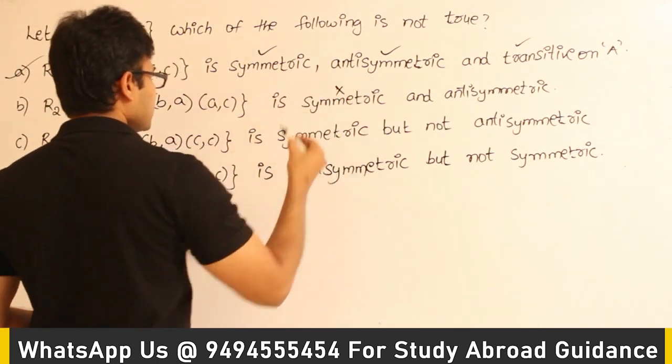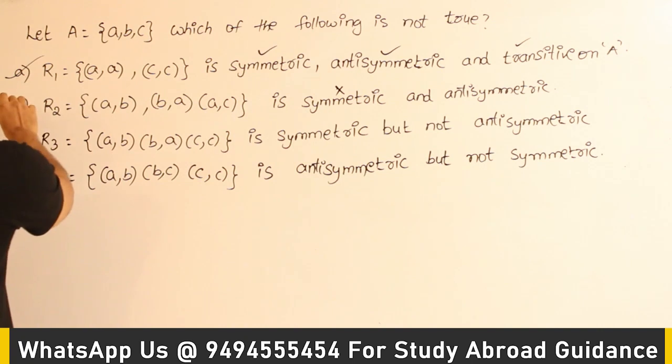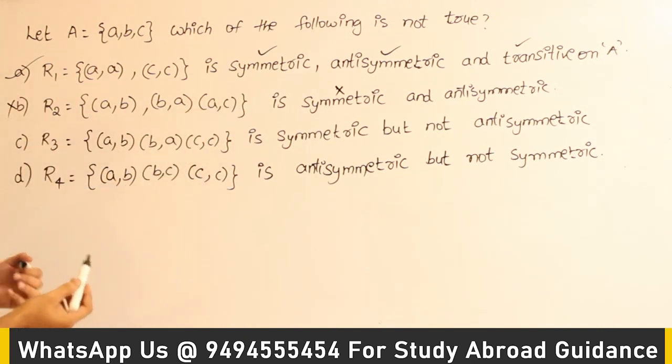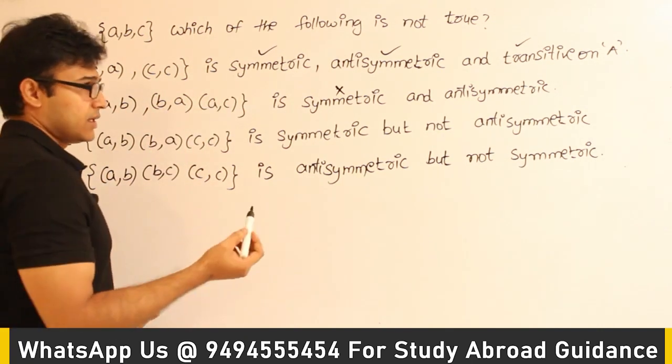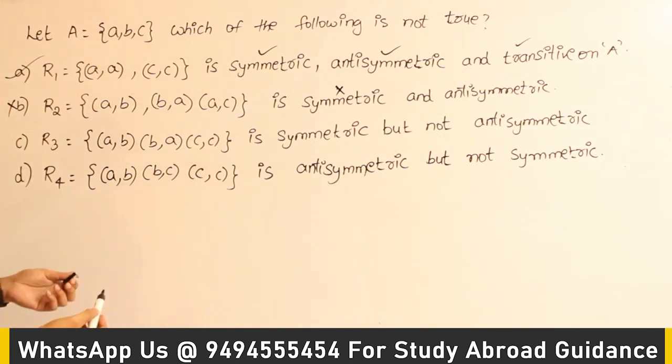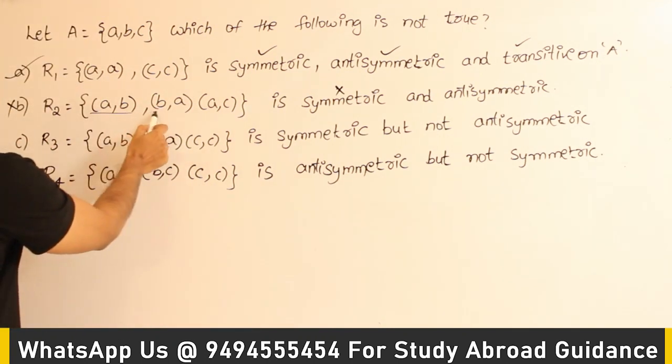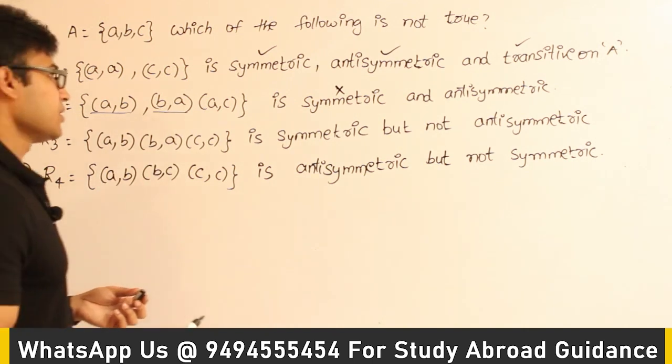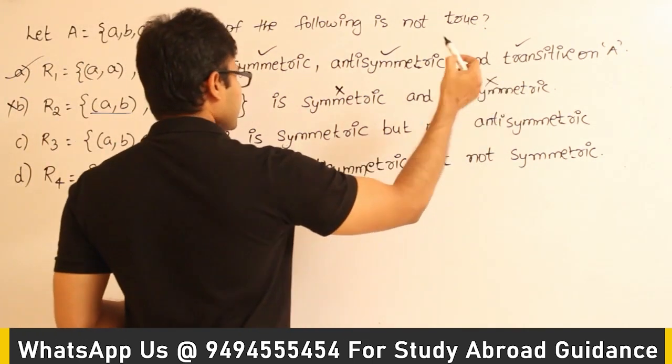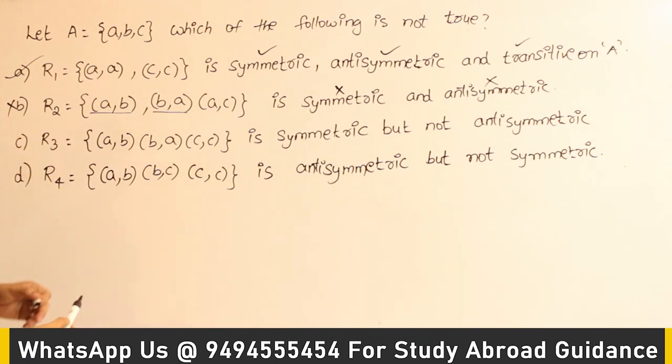So it is false. If you want to test anti-symmetric, just for the sake of solving the question, you can test it. Because of the presence of the symmetric pair (a,b), (b,a), it cannot be anti-symmetric as well. So anyway it is false.